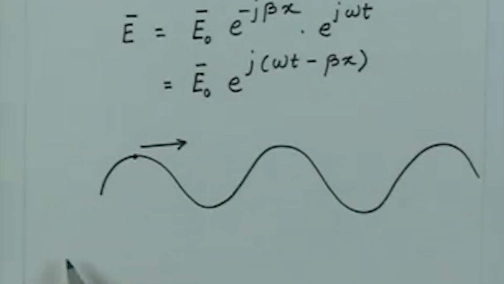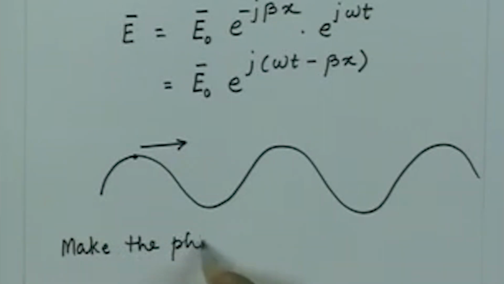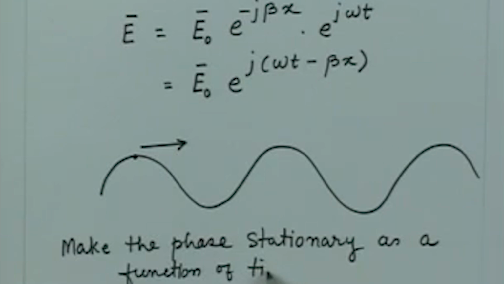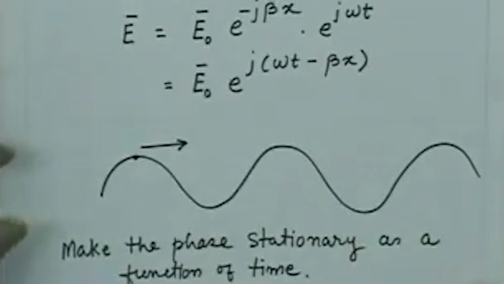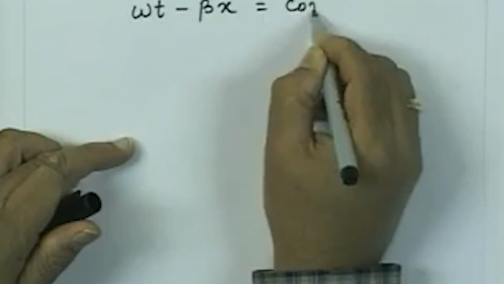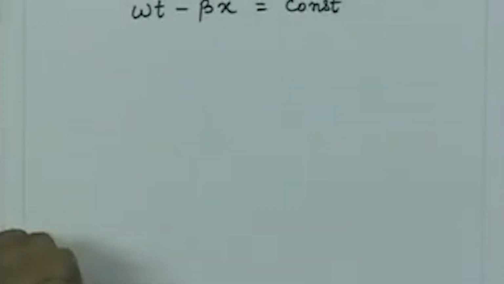So what we say is that make the phase stationary as a function of time to get the velocity of the wave. So if I say that this quantity, which is a total phase, which is a combination of space and time, if I make that constant, I say omega t minus beta x is constant for that observer which is moving with the wave, with the velocity of the wave.